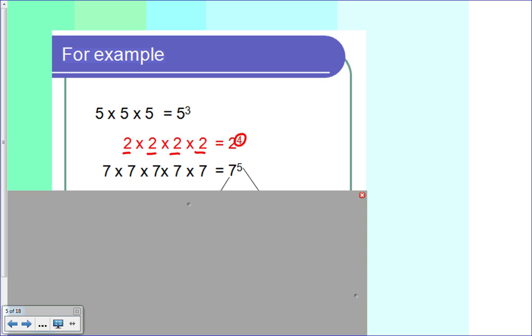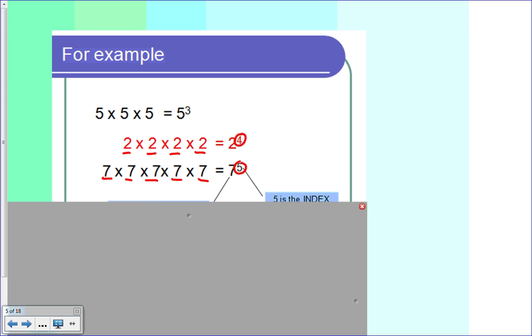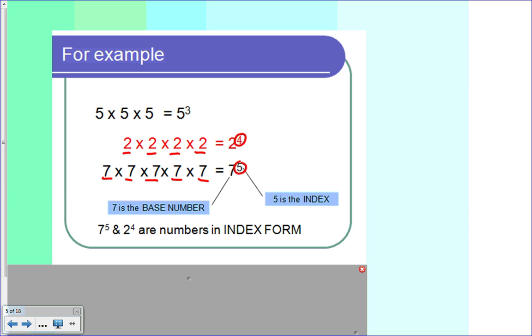And 7 times 7 times 7 times 7 times 7 is 7 to the power of 5, where again 7 is the base and 5 is the index. All three of these, 5 cubed, 2 to the 4th, and 7 to the power of 5, are written in what is called index form.